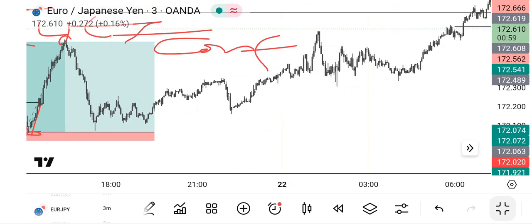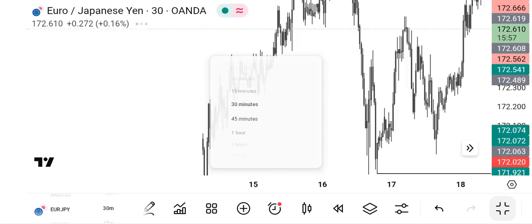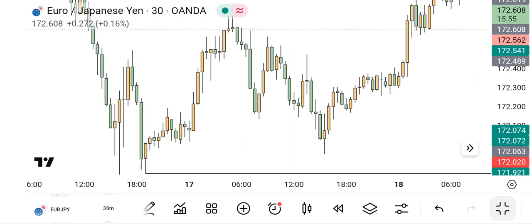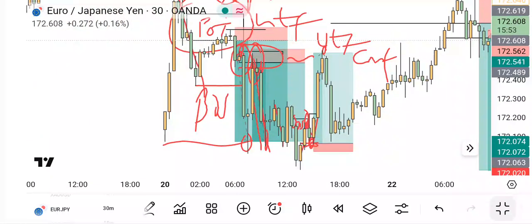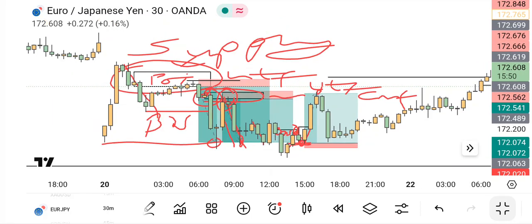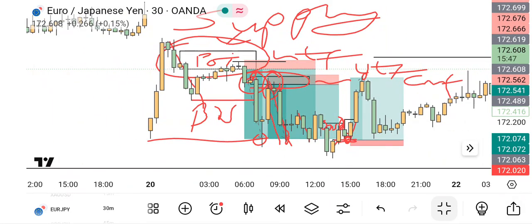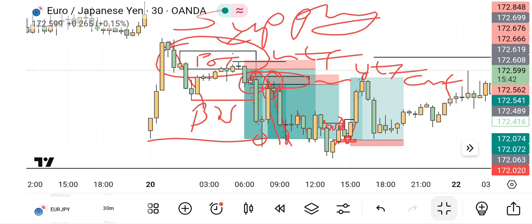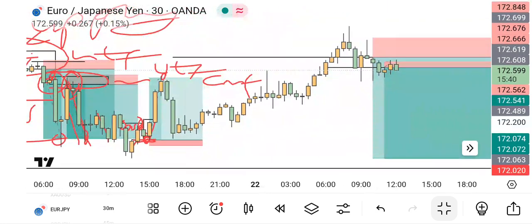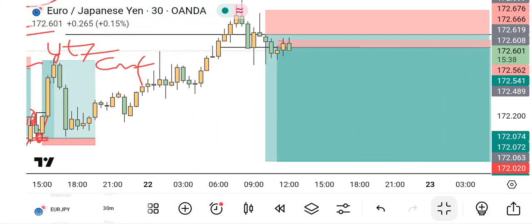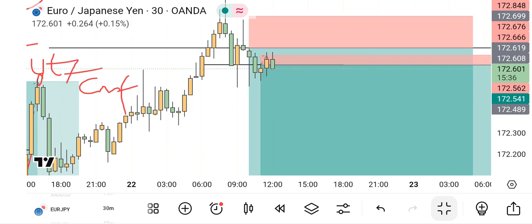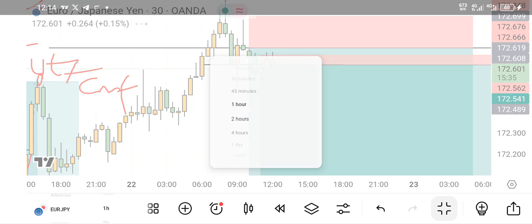So going back to the 30 minutes time frame, for my first entry here, I think on the 1 hour time frame for my entry here.